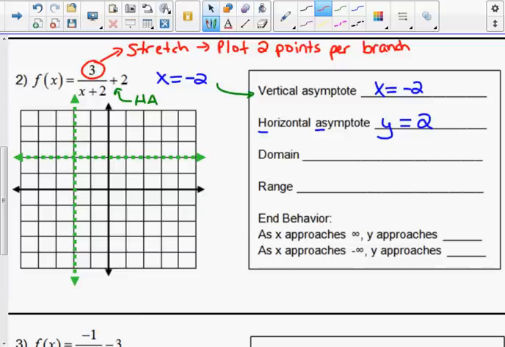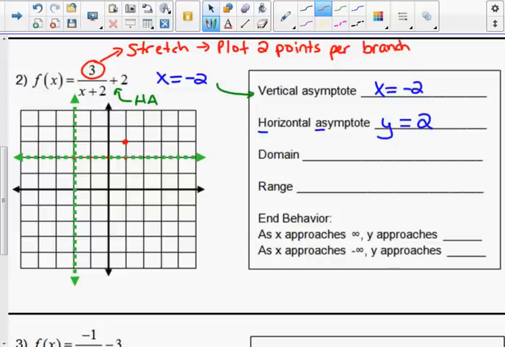So I'm going to get started the same way I did in example 1. I'm going to put my pencil tip or marker on the intersection of the asymptotes. Because the stretch is a 3, I'm going to go right 3. So 1, 2, 3. Well, I can't plot a point on the asymptotes, I'm going to go up 1. And I'm going up 1 because I want it in the same quadrant, if you will, as the parent function.